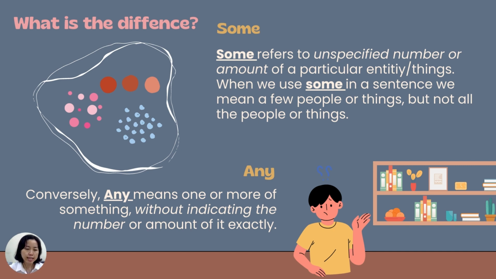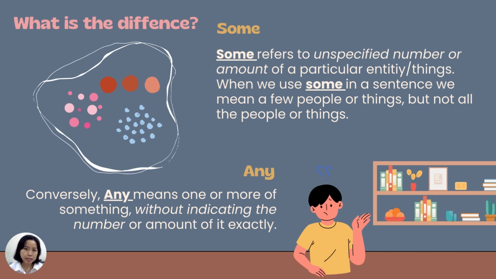Now, the next question is, what is the difference between them? We will start with some and any first. First, we're going to discuss some. Some refers to an unspecified number or amount of a particular entity or things.